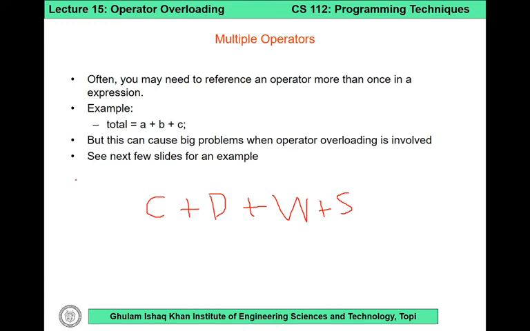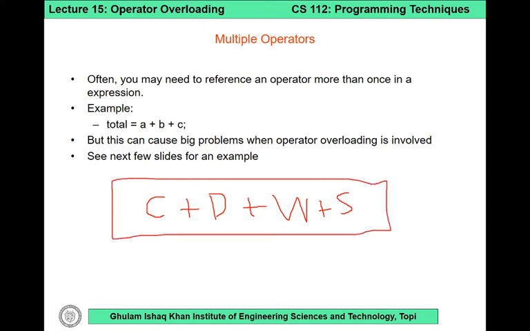And now we want to achieve this, and just think about it for a while, will this line execute or not? Let me brainstorm it with you. For example, this plus operator will expect towards its left and towards its right operands of the built-in types like integer, double, or float.